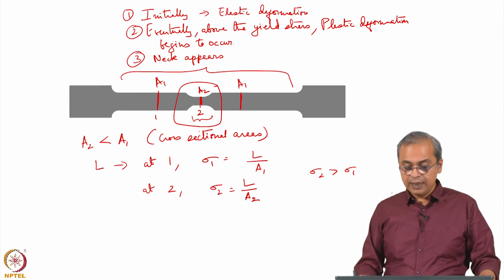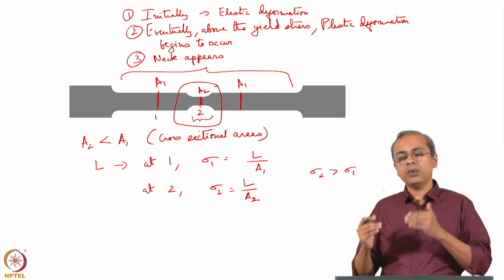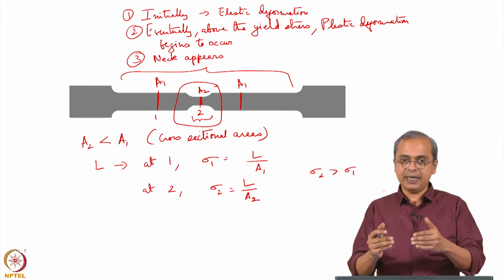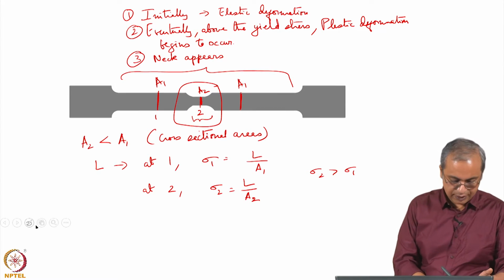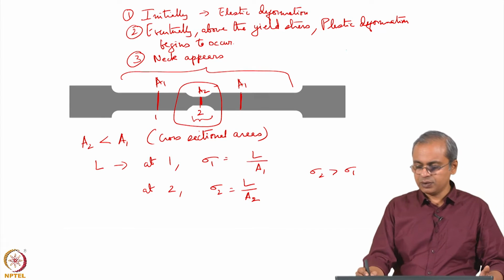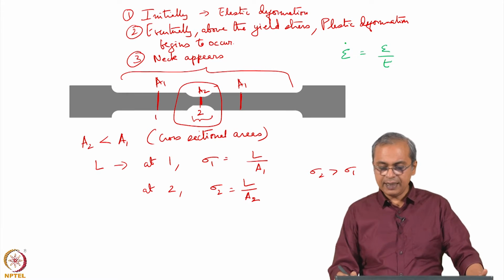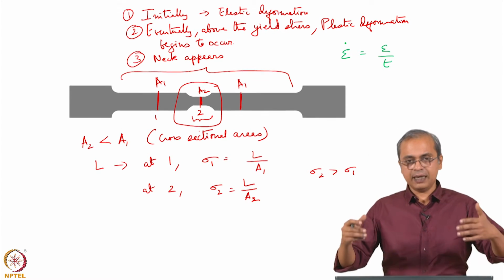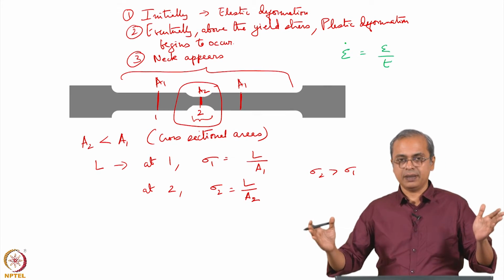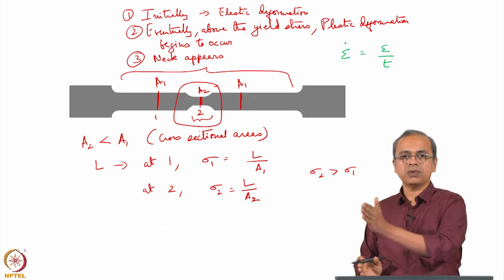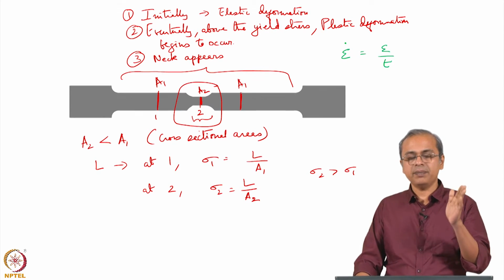This strain is happening over a period of time. If you look at it as a strain rate, which is the amount of strain that is happening per unit time, we will define something called a strain rate, epsilon by time. If the strain is uniformly distributed across the entire length, then the strain rate is the same across the entire length.